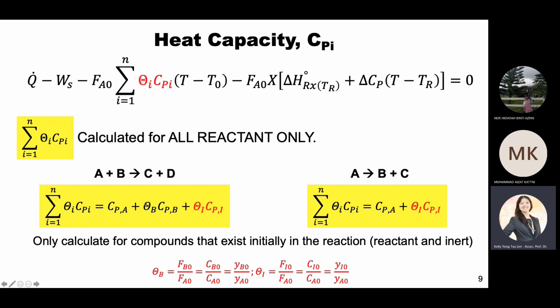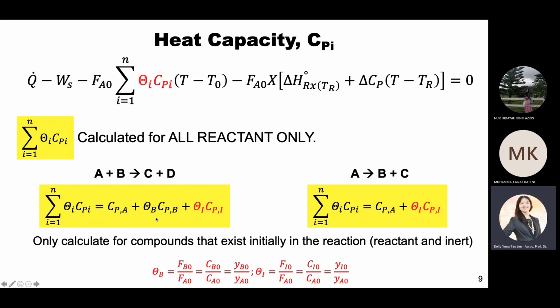Okay, saya bagi contoh, katakan you have two reactant. Okay, katakan kamu ada reactant A dan B, dan katakan if you have inert. Okay, so summation of theta I CPI will be equals to CPA, heat capacity of A at constant pressure, plus theta B CPB.